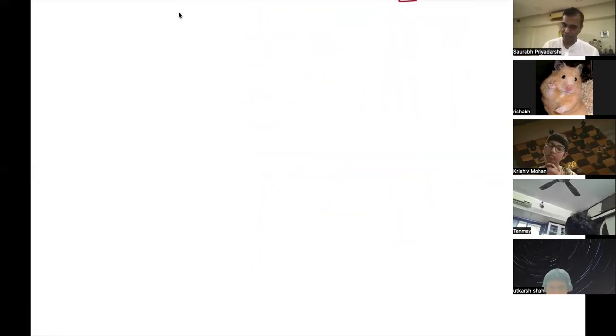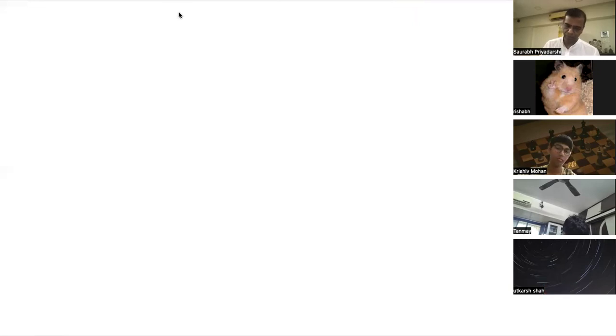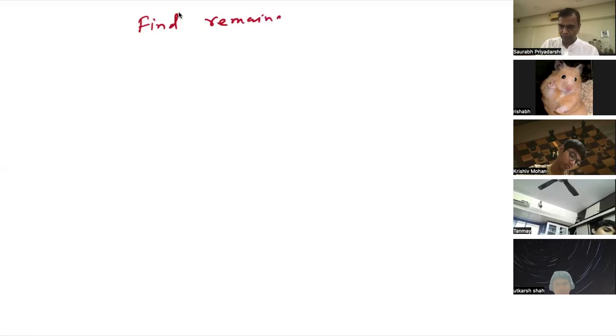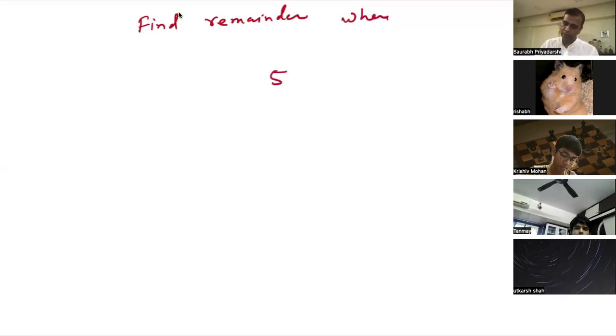Now, find the remainder when 5 to the power 99 is divided by 13.